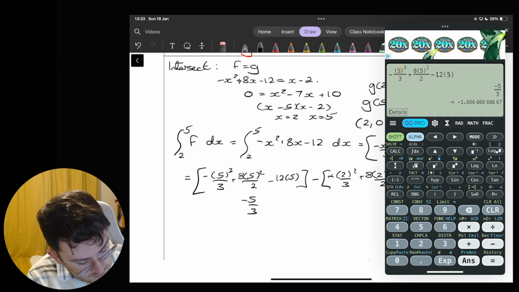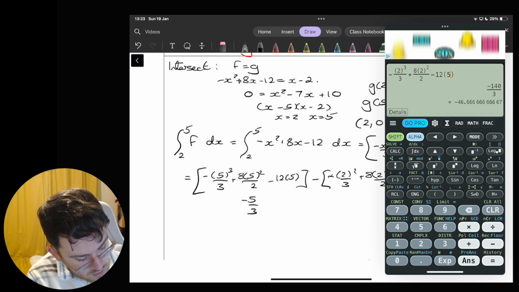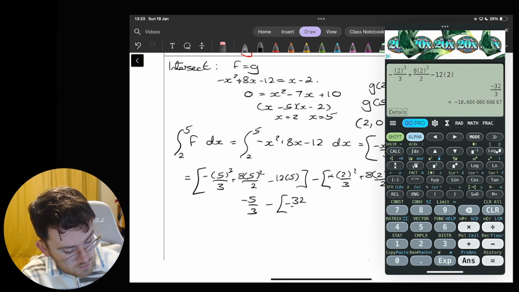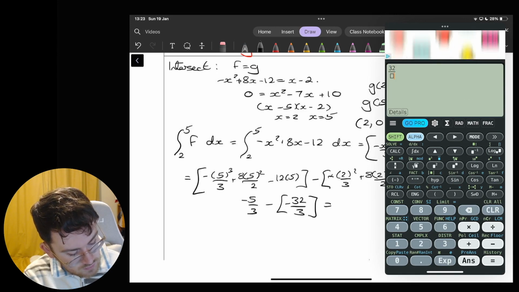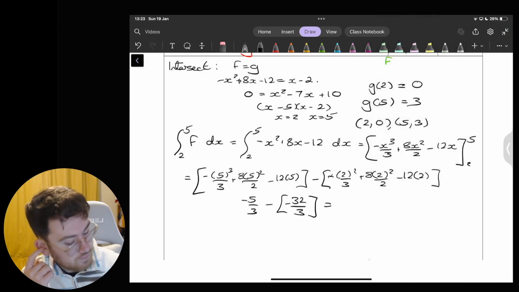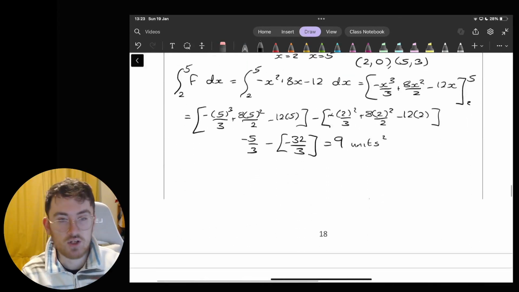And then we also need to consider the same calculation for x equals 2, which is minus 32 over 3, which gives me an overall answer of 32 over 3 minus 5 over 3, which is 9. So 9 units squared. That's for f here, that's the region below f.